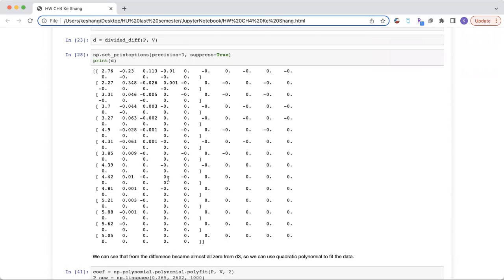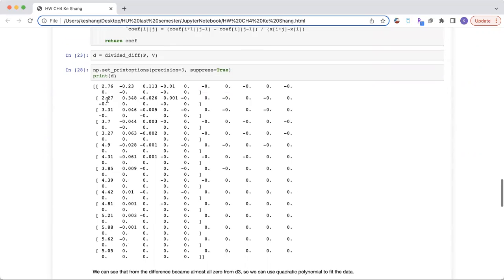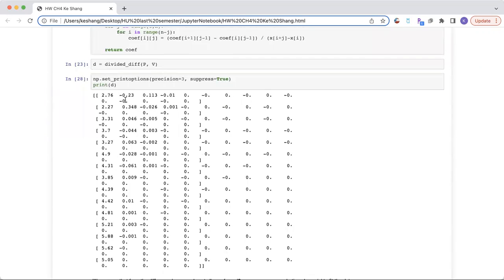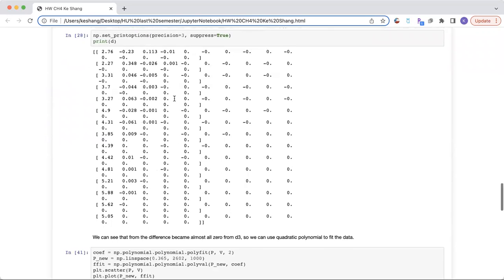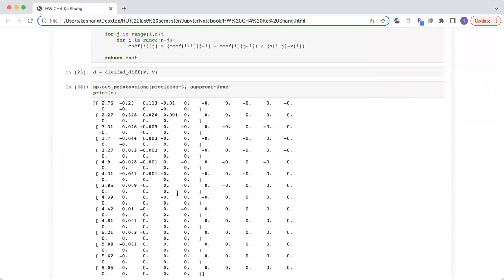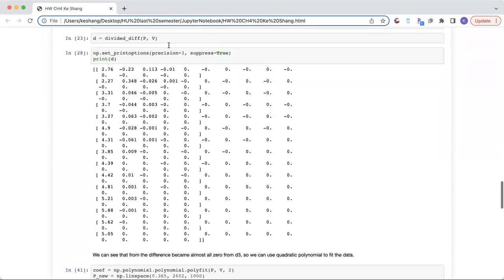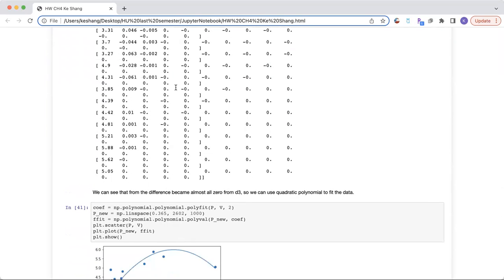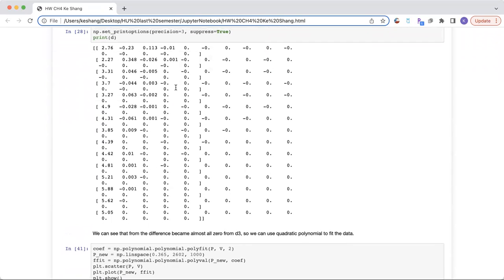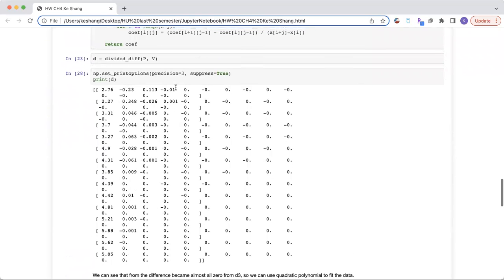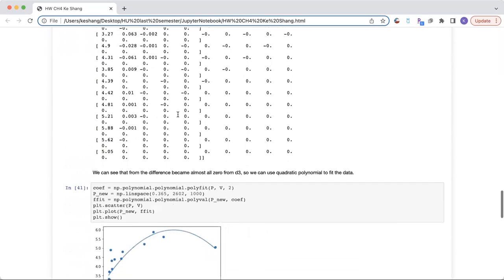This column is y, then d1, d2, d3. From d3, all the numbers become zero or very near zero. So we can assume a quadratic polynomial would be enough for our data set.